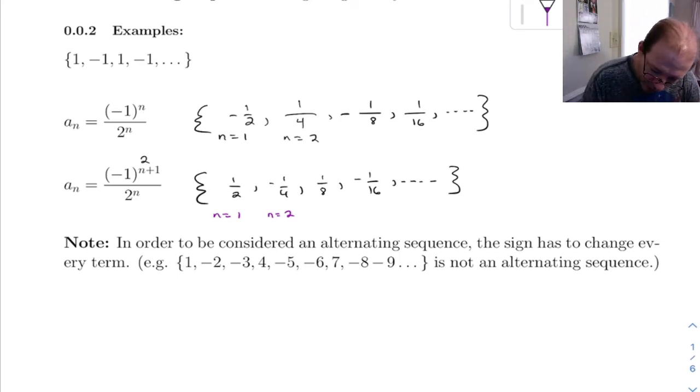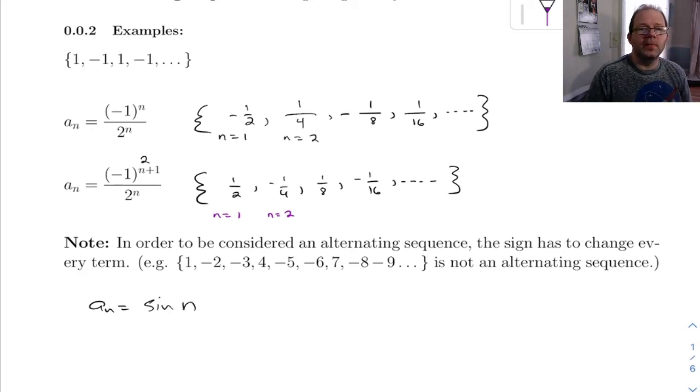Another place where you'll run into something that's not an alternating sequence but might kind of look like it is, if you did something like a sub n is sine of n, where n is in radians. If you do that, then the sign is going to change, but it's not going to change every single time. So this is not alternating.